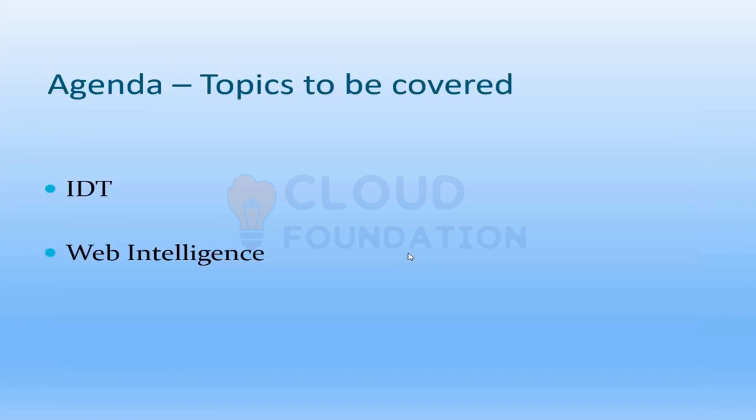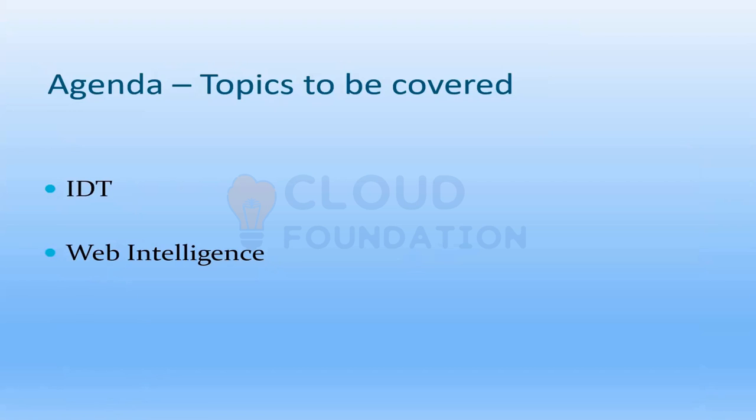As part of our training session, we will cover these two tools. IDT, Information Design Tool, is about how to create a database schema on top of tables. I'm including this tool so that when we create Web Intelligence reports, we will know what objects we are using and where they are coming from.